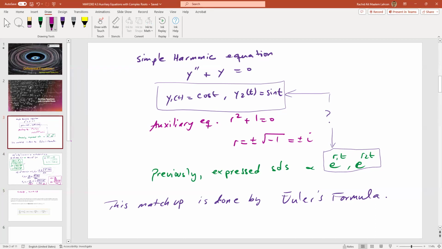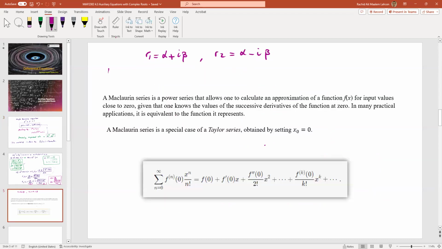So what if the r, so now look at the e, what if it's, let's say, r1 t? What else can I do with it? So, all right, let's say I put r1t, so e to the alpha plus I beta t.